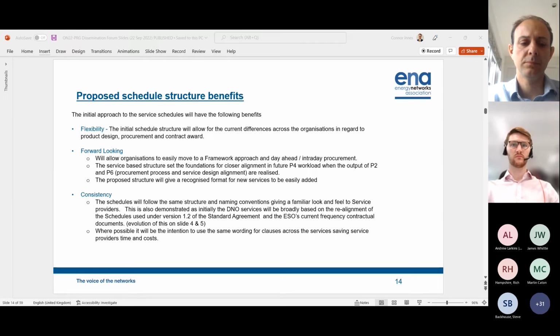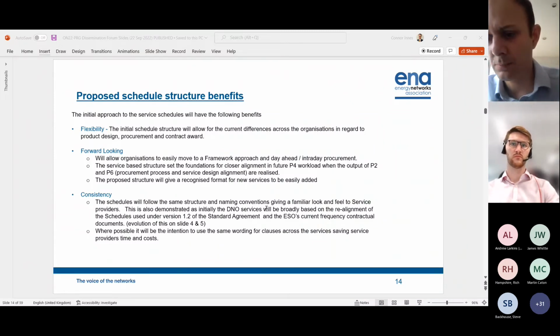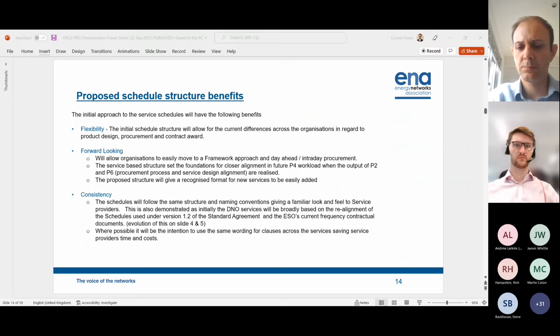Looking forward, as organisations, we know we are looking to move from a more traditional contract basis to a framework agreement, and this structure will allow that to happen. It will also allow the difference between longer term contracts and intraday or day ahead procurement to work.